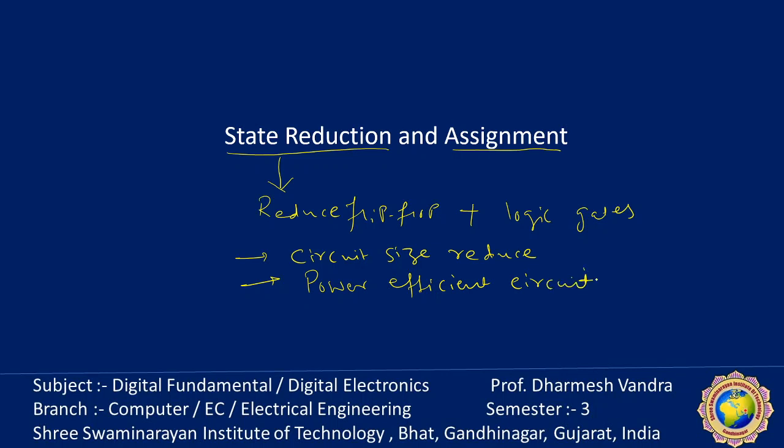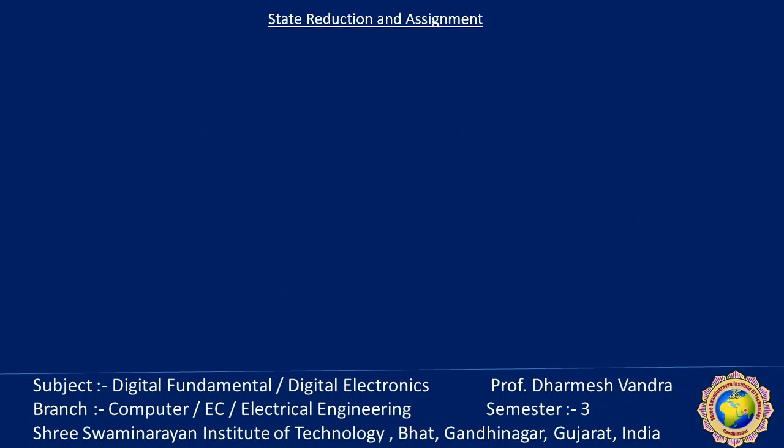These are the main benefits of state reduction for any circuit. If the circuit performance is as per the problem statement, the size must be less as well as the power consumption must be less. So first we will discuss the state reduction.